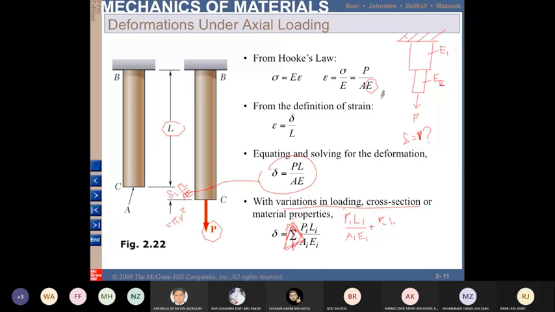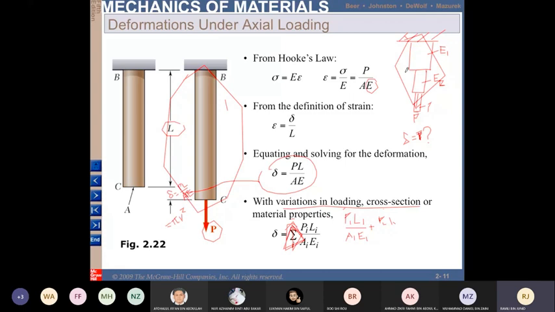For example, for this one, the number of variation is only one. For this one, the number of variation is 2, because you have two types of material and two types of length. If you have another cylinder in front, this is 3, so I equal to 3. Oh, faham. Okay.